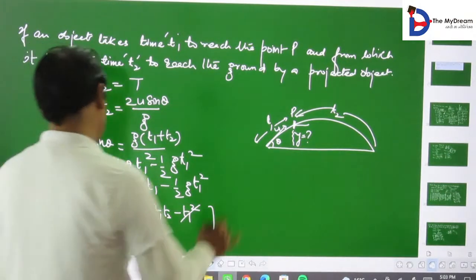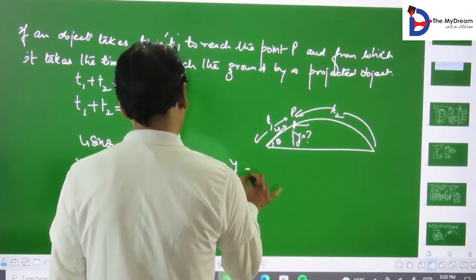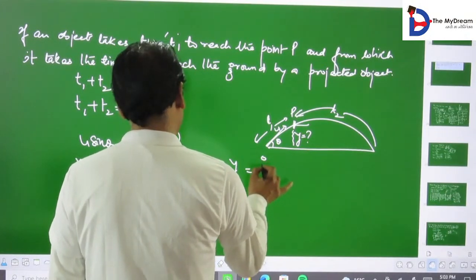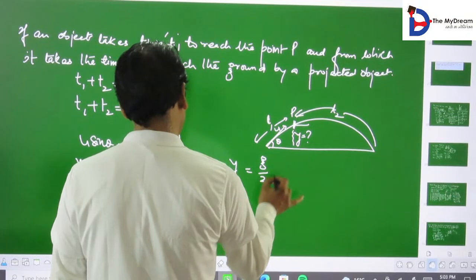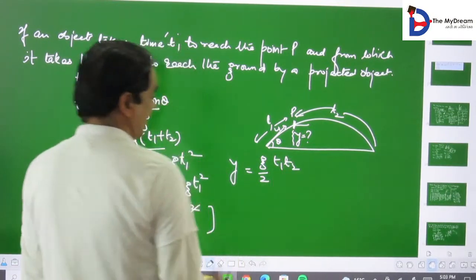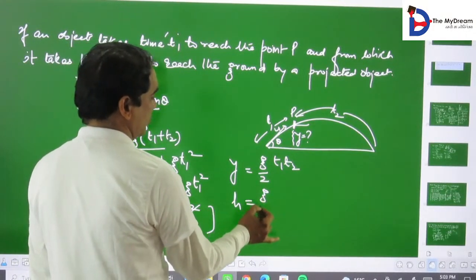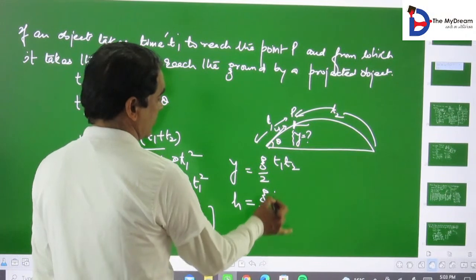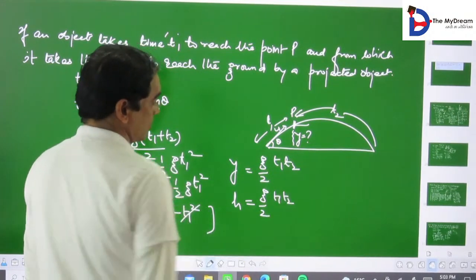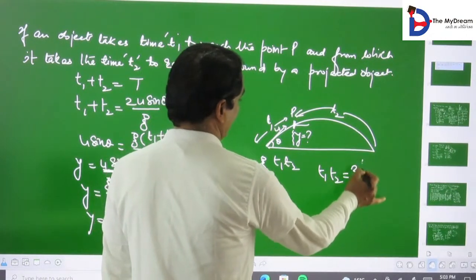Then you will get y is equals to g by 2 t1 into t2. In some books it is given by h is equal to g by 2 t1 into t2. Or you can say t1 into t2, that is 2h by g.